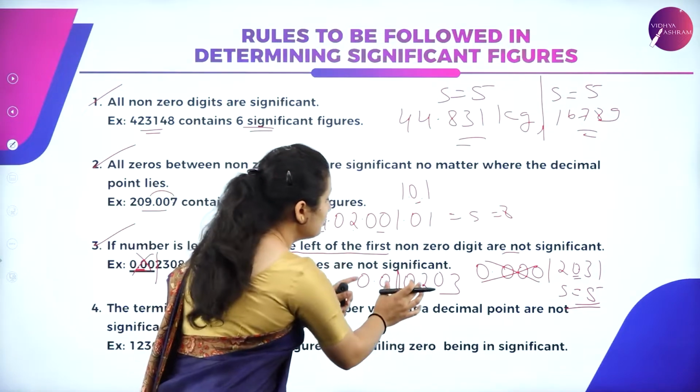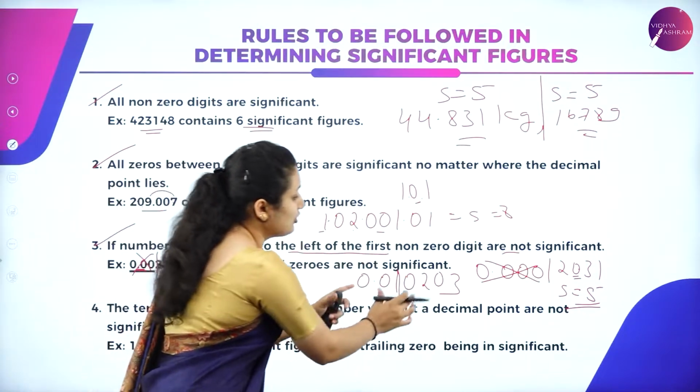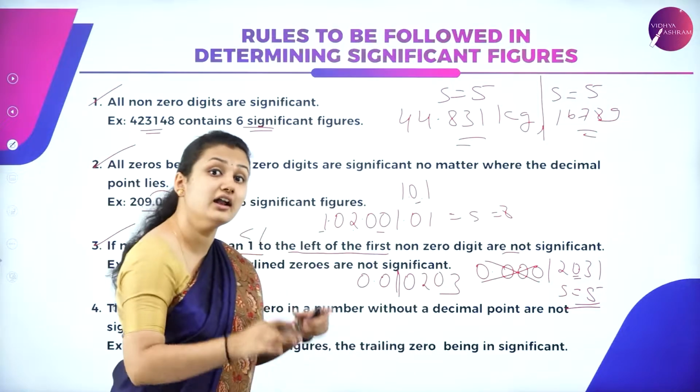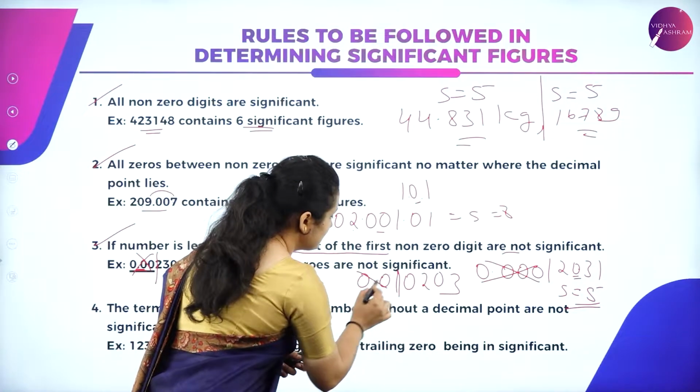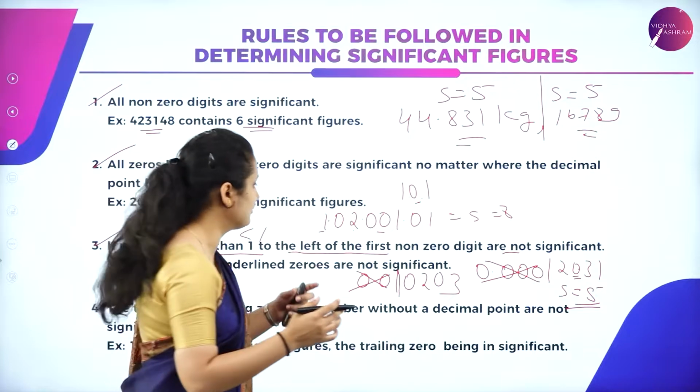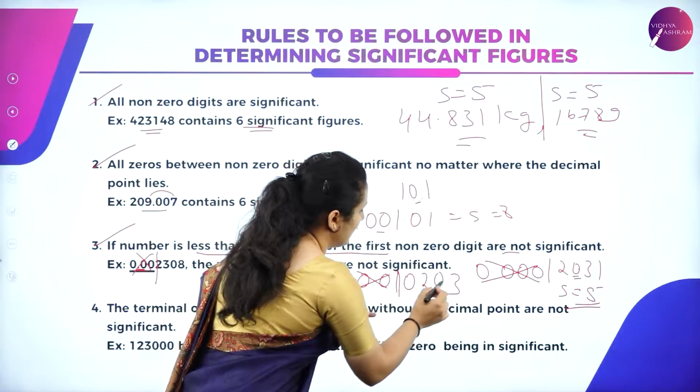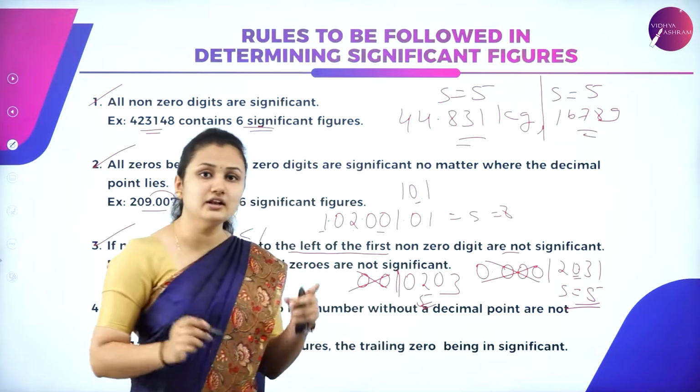Why? Because rule 2 says that zeros between non-zero digits are significant. Hence, the leading zeros are not included. They are insignificant. And 1, 2, 3, 4, 5. I have 5 significant figures.